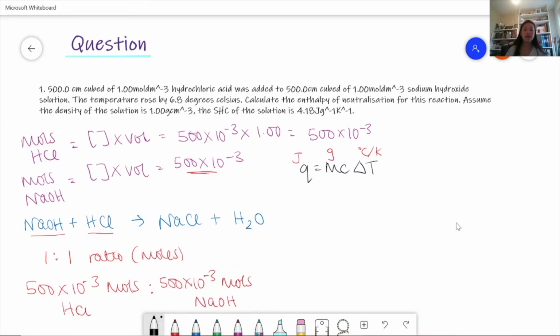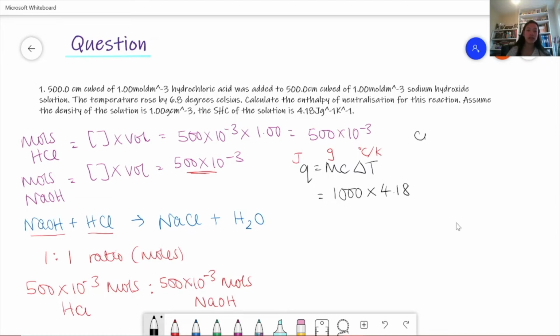So now we just plug in the values. So the mass here is the mass of the solution. So the solution would just be 500 centimeters cubed plus another 500 centimeters cubed. So that would be 1,000 grams. And then you times it by the specific heat capacity, which is 4.18.